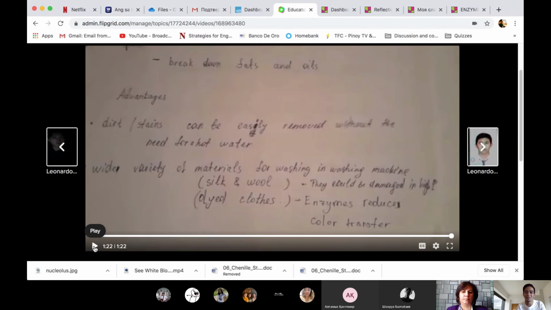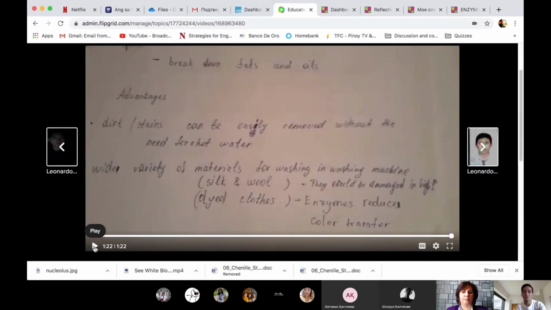Even though he did not use any pictures, he used bullet points to outline the use of enzymes in biological washing powders. For example, you have a blood stain or chocolate. Chocolate contains lipids, so the biological washing powder should contain lipase so that the chocolate stain can be removed.